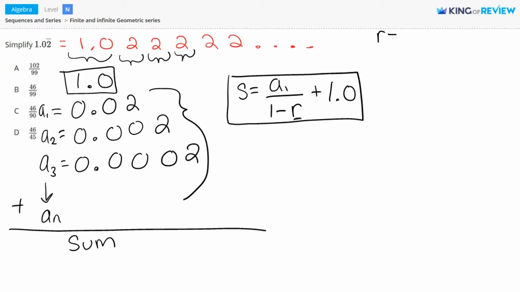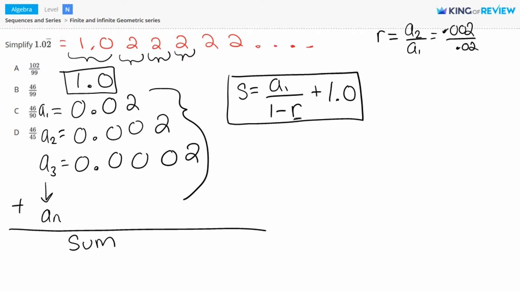So we have R equals, and to figure out R, we'll take a given term over its previous term. You can choose whichever term you want for the numerator. I'm going to choose A2 over its previous term, which is A1. And this is equal to 0.002 over 0.02.